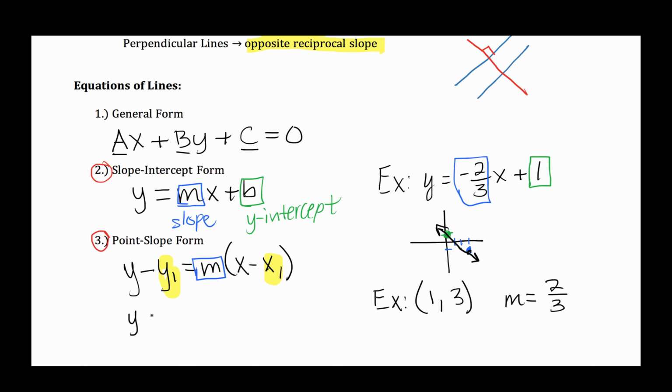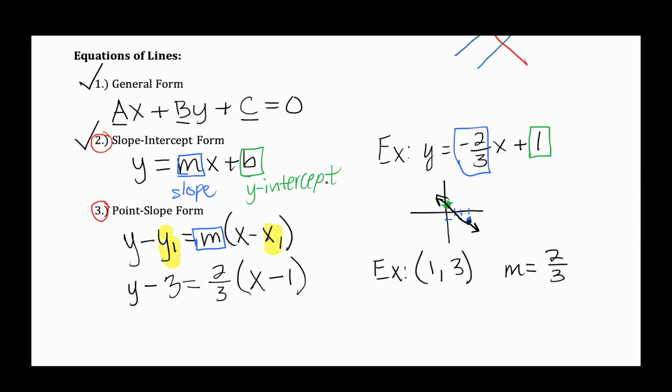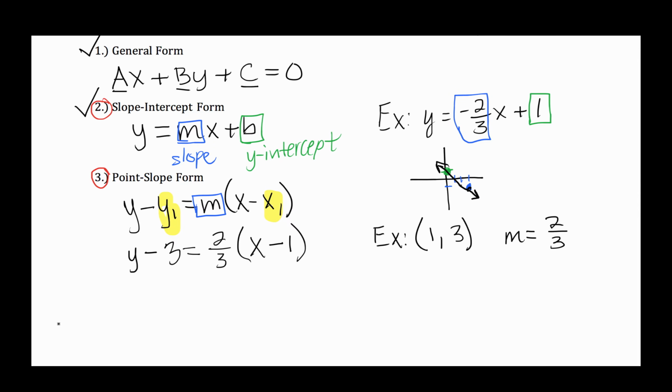I would say y minus, well, the y value here is 3, so I'm going to put in 3, equals m, my slope, which is 2/3, times x minus my x-coordinate of the point, which in this case is 1. If I wanted to clean this up and put it in any of these two forms, general form or slope-intercept form, I could do that just by manipulating things and rearranging some of the variables. Typically, we would put this in slope-intercept form by isolating the y. So we can do that.